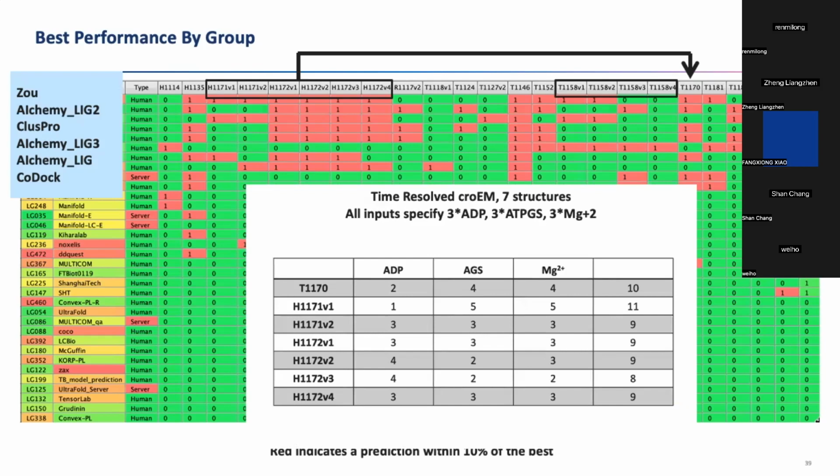It's a time-resolved cryo-EM structure where they were tracking ATP hydrolysis. This was tricky to assess because you've got 6 ATP binding sites. Those ATP binding sites could contain ATP gamma S, ADP, or ADP plus magnesium. So we were relatively lenient here and just did an all-against-all comparison with the 5 submissions.